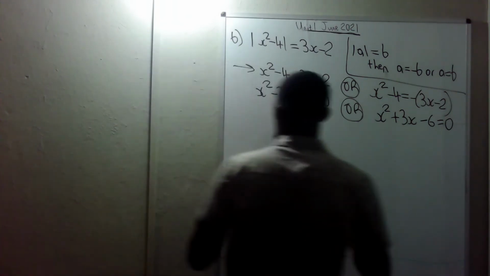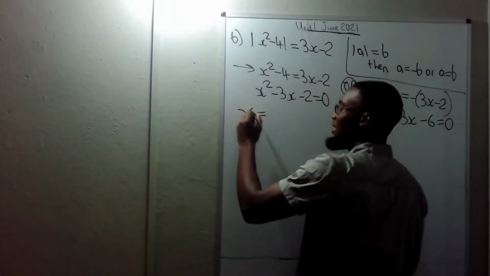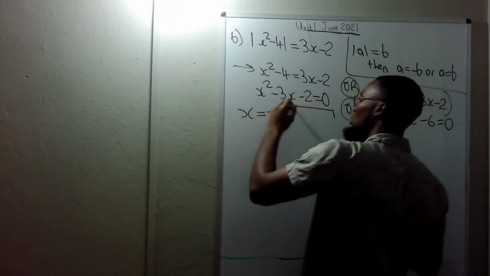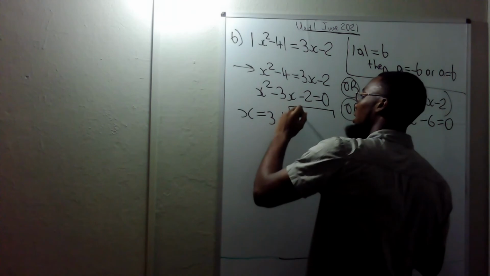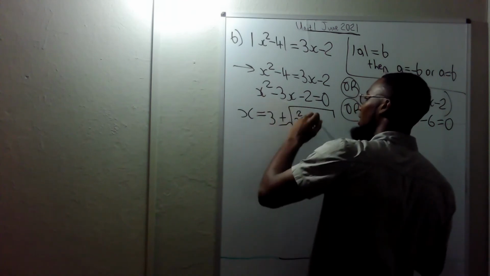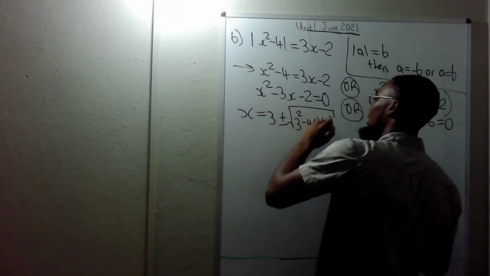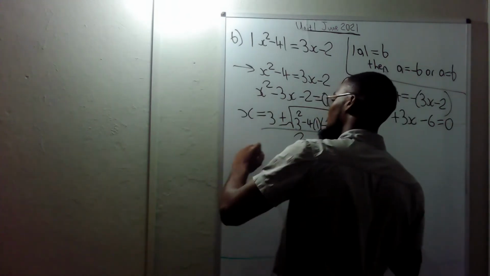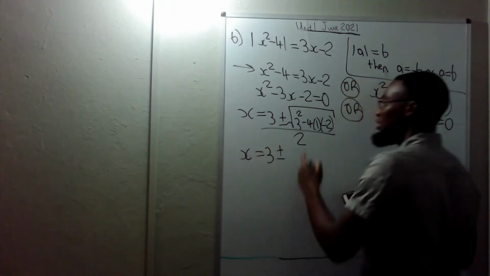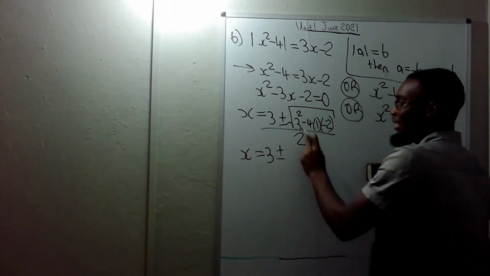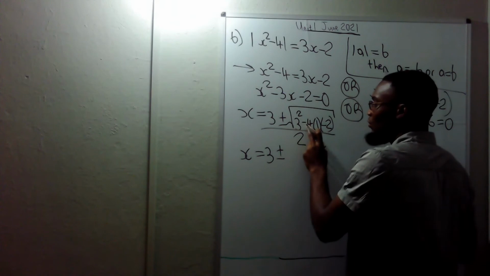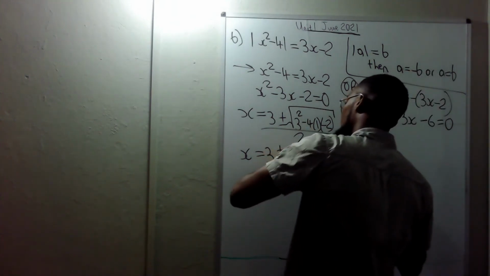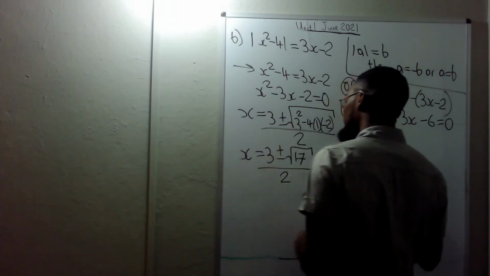From the first one, x is going to be equal to minus b, which is 3, plus or minus the square root of b squared minus 4 times a times c, divided by 2a. So we end up with x equal to 3 plus or minus the square root of 3 squared, which is 9, minus 4 times 2, which is 8, so that's the square root of 17, over 2.